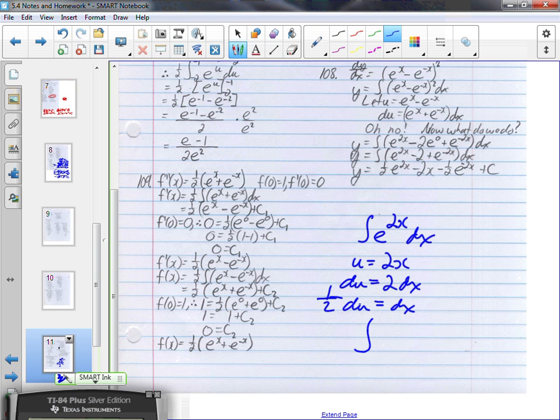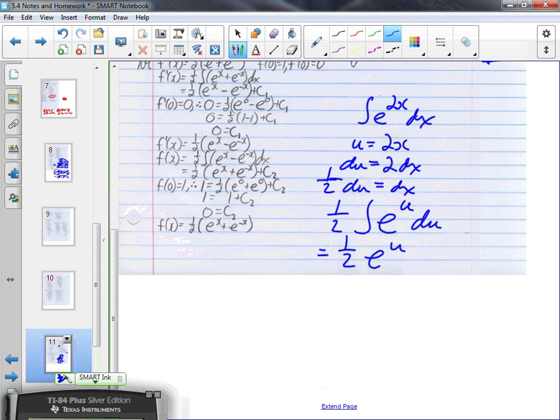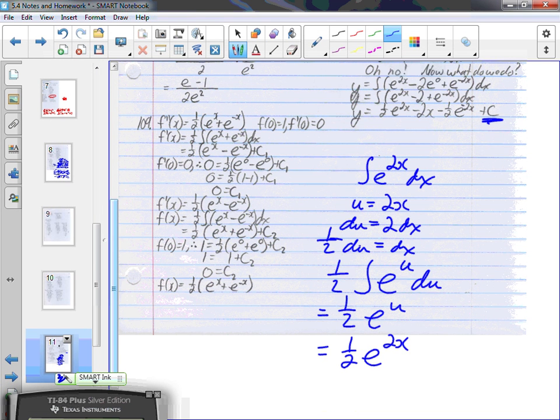So when I rewrite this, that's the integral of e to the u, and then dx is 1/2 du, so that's 1/2 e to the u, then the plus c was at the end, so that's 1/2 e to the 2x, and that's what I put there.